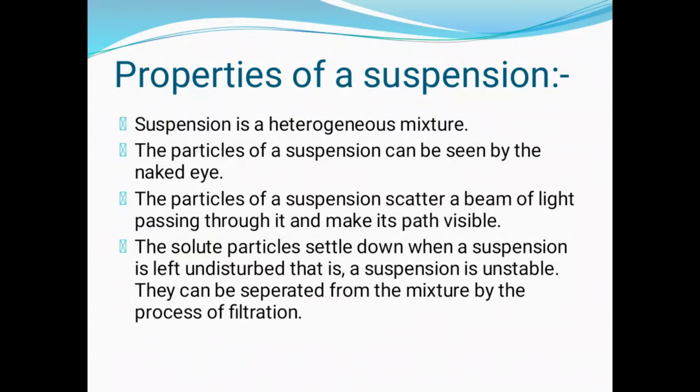The particles can be seen by our eyes because they have a significant size, some specific size. Because of this size, they are able to scatter the beam of light.